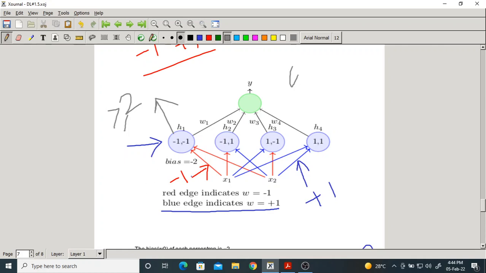Remember, omega naught equals minus theta equals -2, but theta equals 2. What is theta? That is a threshold basically. Whenever the weighted sum is more than the threshold, these neurons will fire, otherwise they don't fire. So what is the bias of each and every neuron? -2. What is the threshold of each and every neuron? +2.